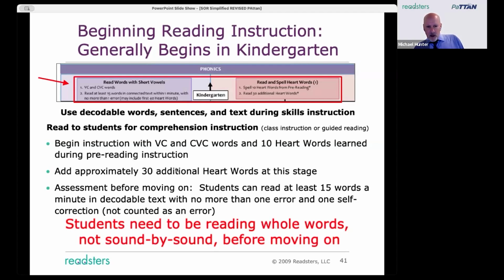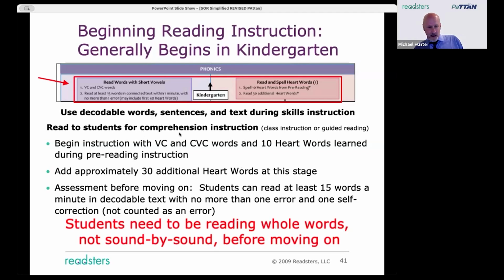Students are having to look at CVC words, and if it's an unfamiliar word, they have to say the sounds out loud. So say the word is rat, they're not familiar with it. They go rat to read the word. They are accurate and they're reading the words, but they're having to sound them out loud to read them. That is not reading, and we need to move past that stage.